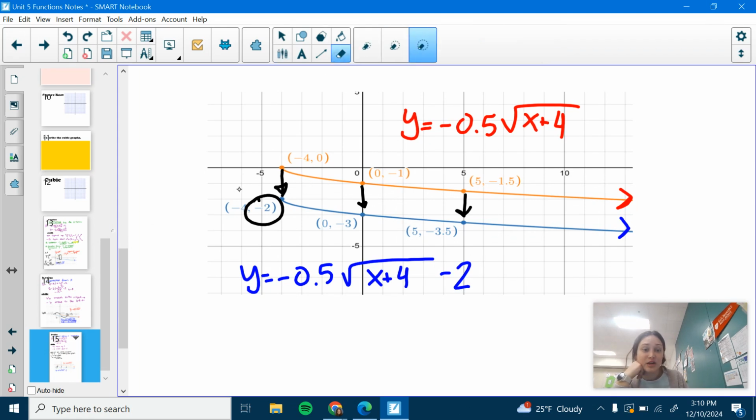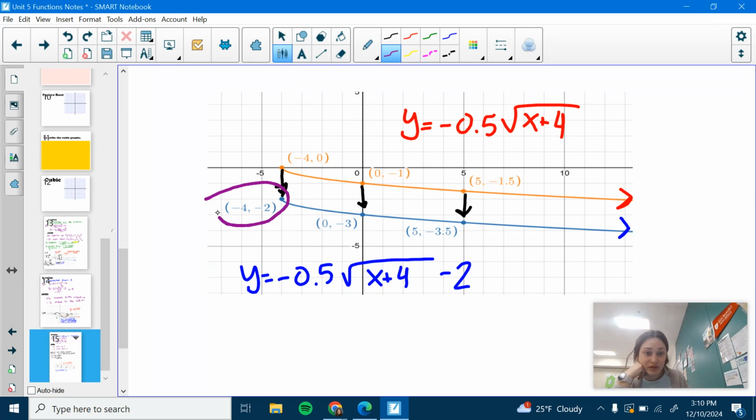And the last thing I want you to notice is how if I look at my endpoint here, that is exactly what my h value and my k value are. So my h and k will tell me how far to move from my parent function. Remember, my parent function was way up here looking like something like this.